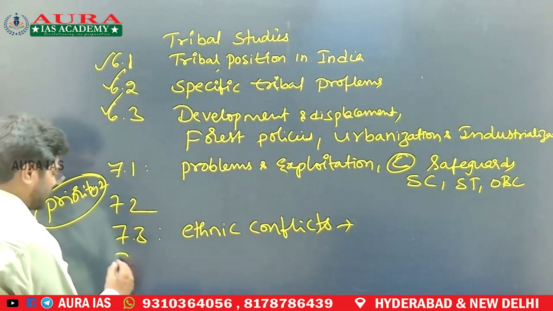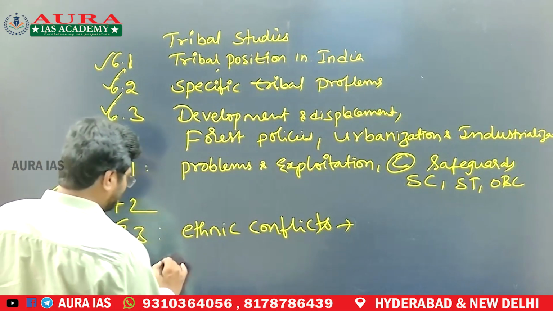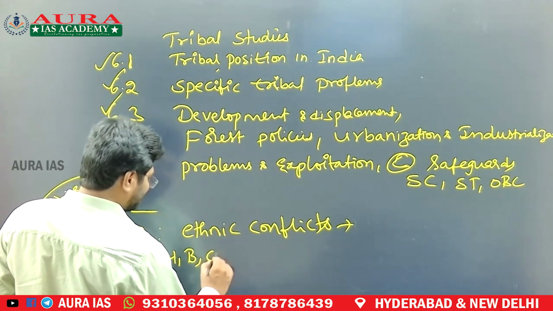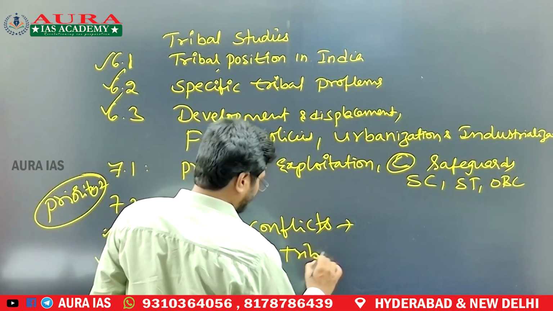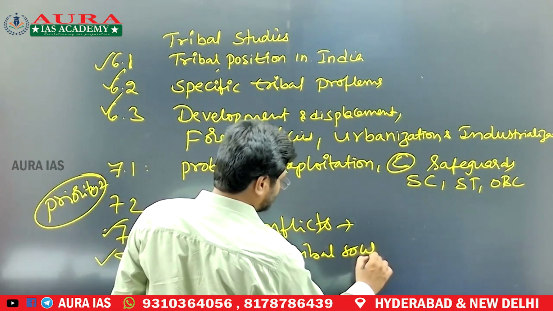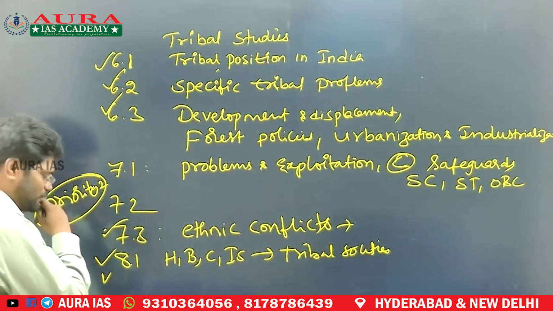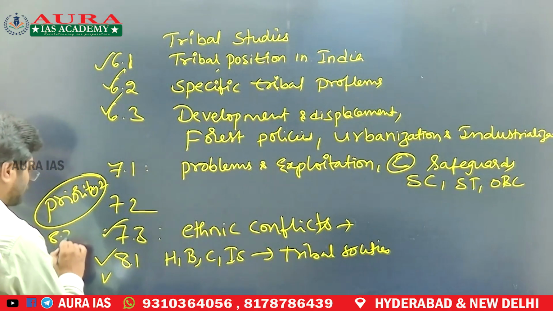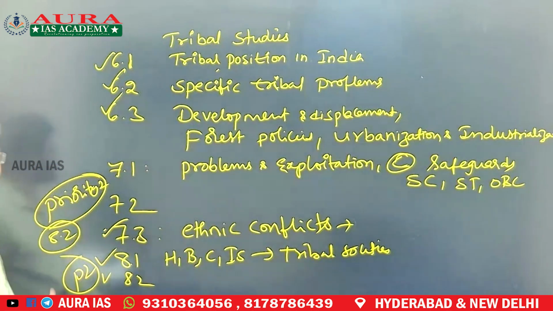So 8.1 is also priority 1: impact of Hinduism, Buddhism, Christianity and Islam on tribal societies. Next, 8.2, tribe and nation states, is priority 2.